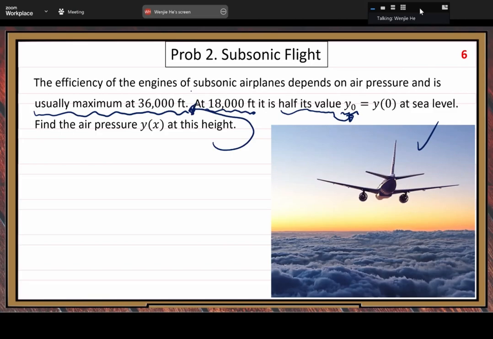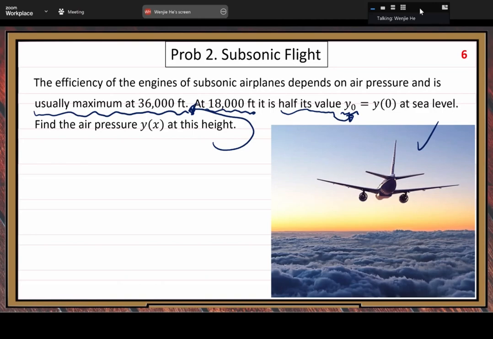The air pressure at the 36,000, that the maximum height, that air pressure is unknown, so we need to find that value. That's the question. Okay? All right.